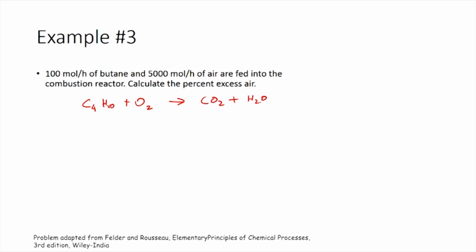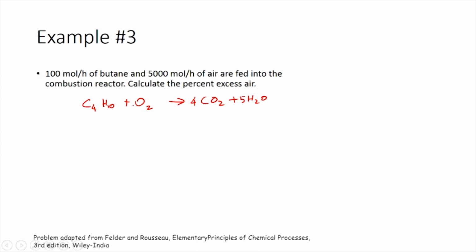So, this is not a balanced equation. We now need to balance this equation. So, we have 4 atoms of carbon taking part in the reaction. So, we need to have at least 4 atoms of carbon being produced. So, now carbon is balanced. If we were to balance hydrogen, we would have to add a 5 as a stoichiometric coefficient for water. So, thereby 10 atoms of hydrogen coming in and 10 atoms of hydrogen leaving.